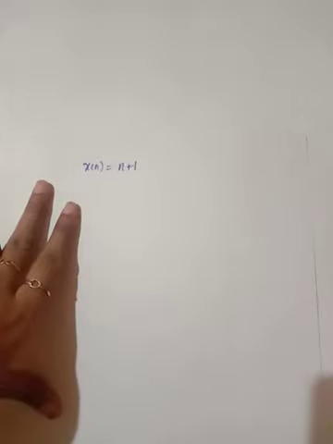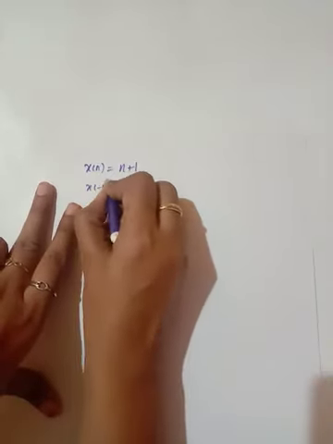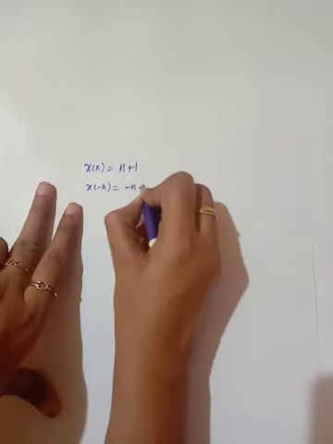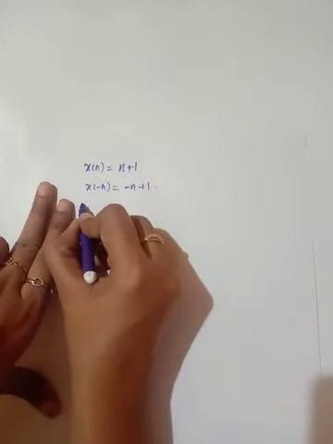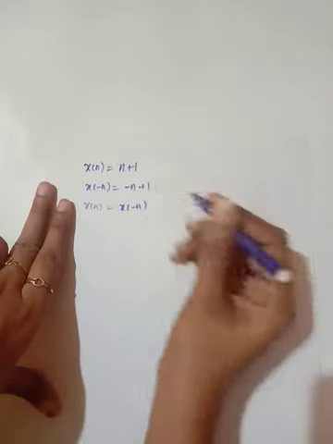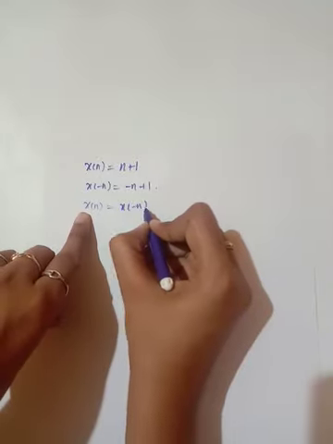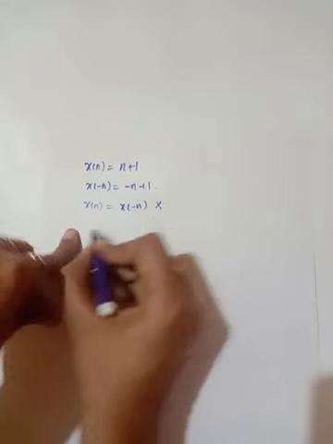Now consider x of n is equal to n plus 1. So in this case, first find x of minus n, so minus n plus 1. Okay. Now here I need to check whether x of n is equal to x of minus n. Okay. So here x of n is not equal to x of minus n. So this condition is not satisfying.